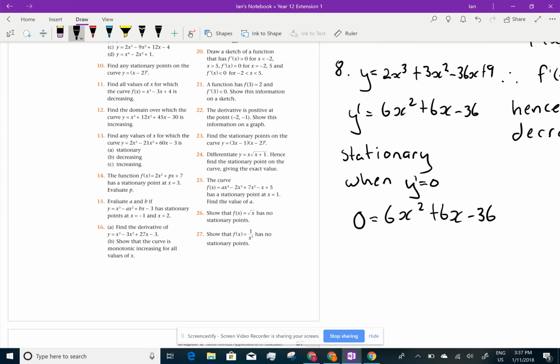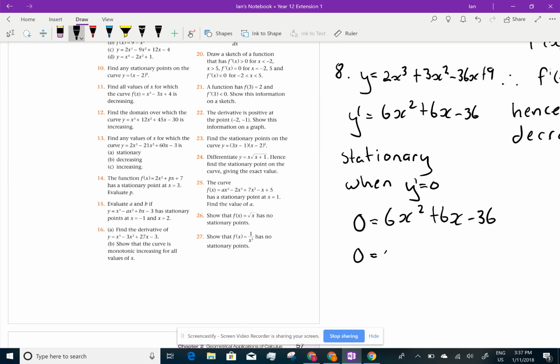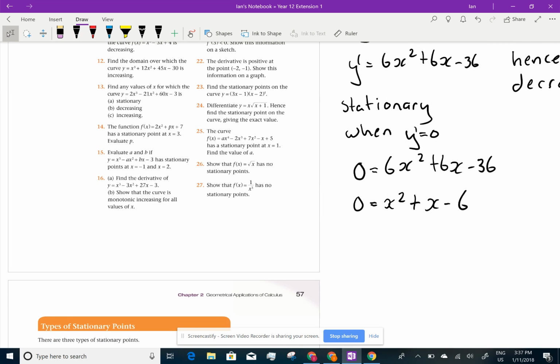Divide everything by 6: 0 equals x squared plus x minus 6. Two things that multiply to make 6 and add up to 1. I bet that's x plus 3, x minus 2, which means it'll be stationary when x equals -3 and x equals 2.